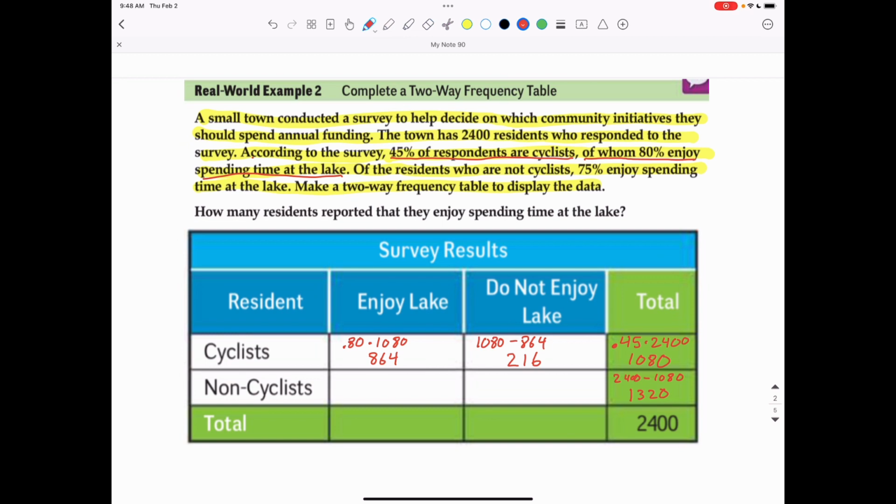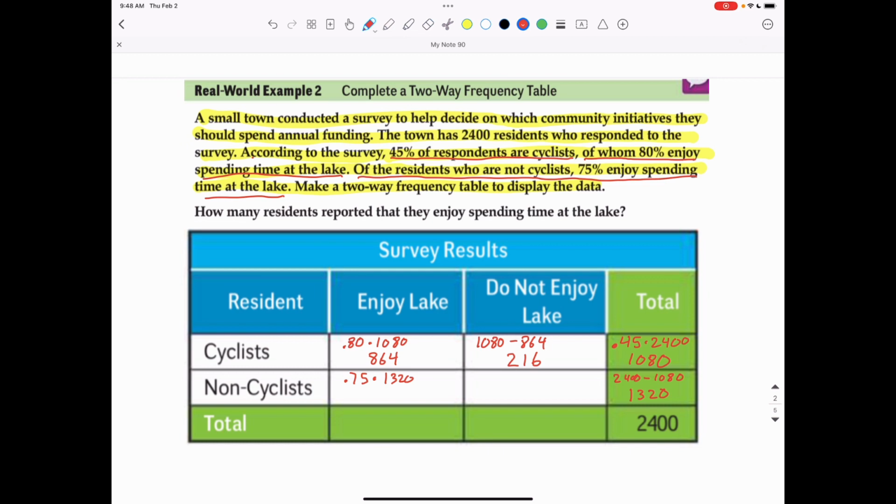We can continue on. Of the residents who are not cyclists, 75% enjoy spending time at the lake. So we have 75% of that 1,320 enjoy spending time at the lake. So we can figure that out by taking 75% times 1,320.